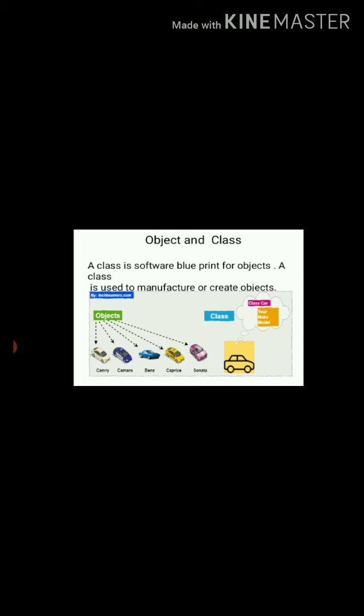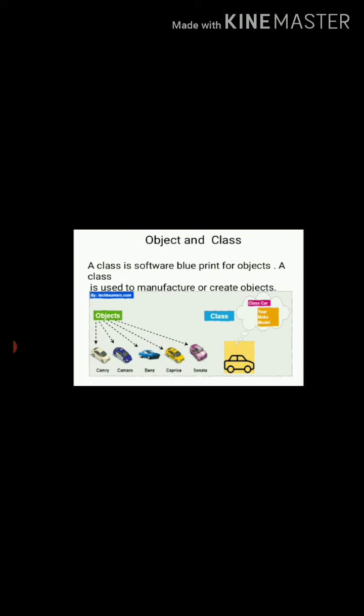A class is a blueprint that defines the variables and methods common to all objects of a certain kind. Means if a class is car, then all car objects have the same property, same behavior.